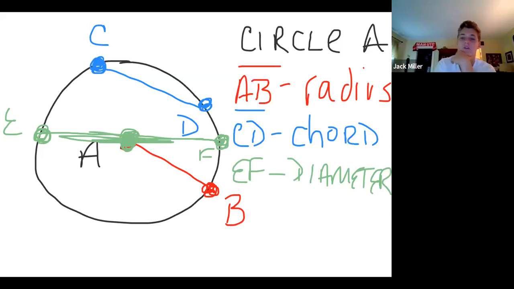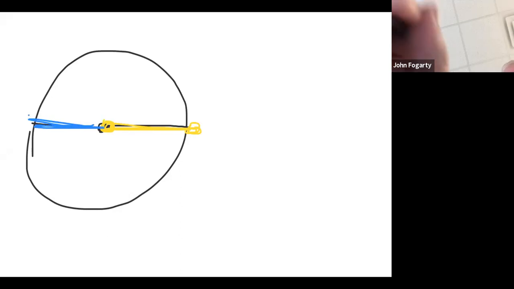Yes. All righty. So then we introduced the relationship between a radius and a diameter. Because I know that this yellow line segment is a radius, and I know this blue line segment is a radius.